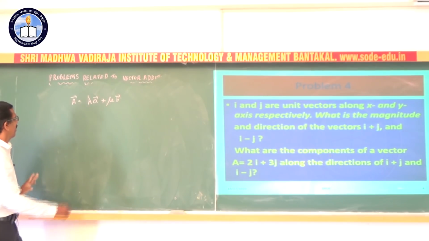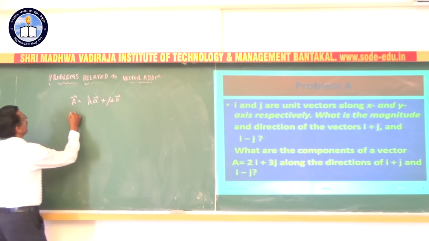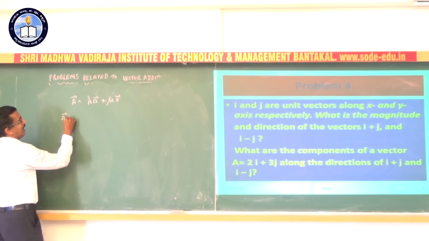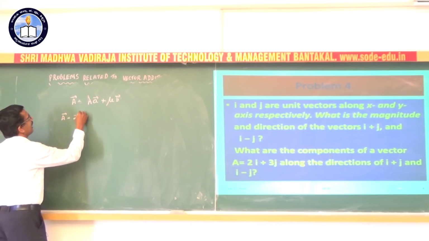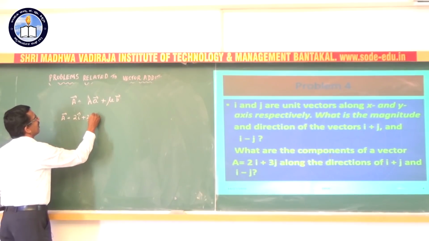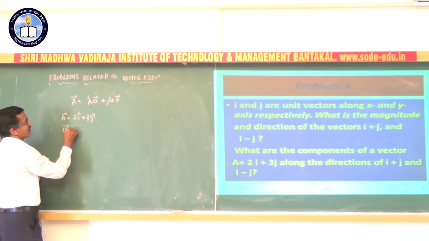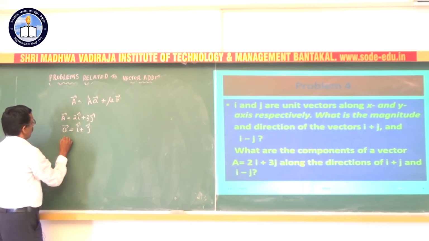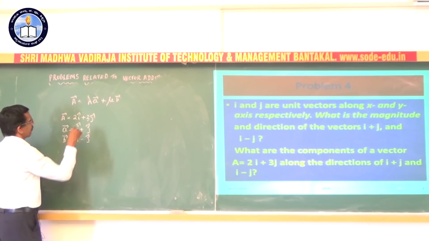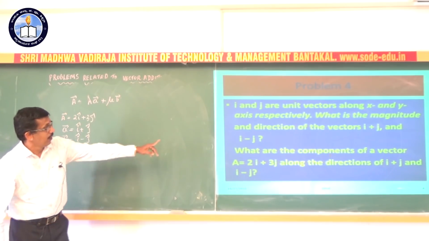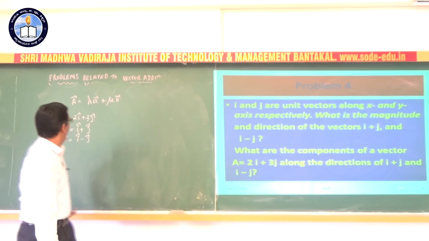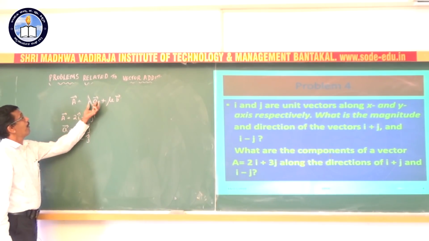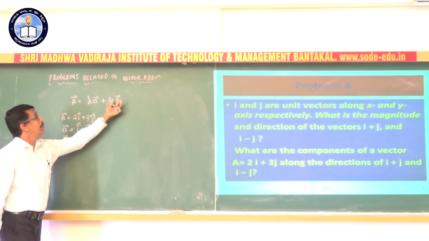Here the given vector A is 2i plus 3j, small a is i plus j, and small b is i minus j. What we want is the components of the vector, that is, we want to find lambda a and mu b.